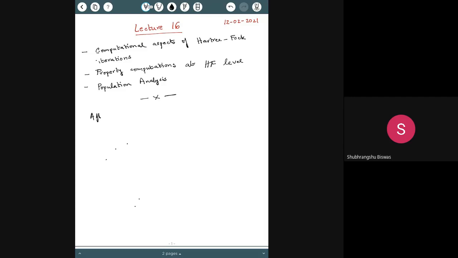So let's put them down. We now have nuclear coordinates, and we have basis sets for each atom. Then the next step is to evaluate the integrals.